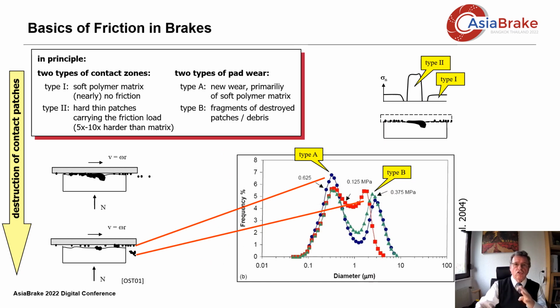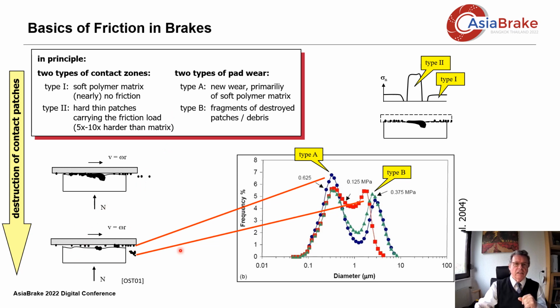Of course, growing tribological load will cause the patch to develop something like heat cracks and limit the lifetime of the patch. At the end, the patch will be flushed out of the boundary layer, you can see it here.